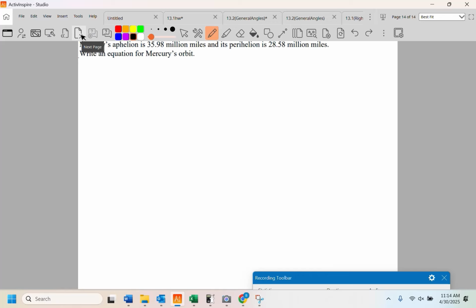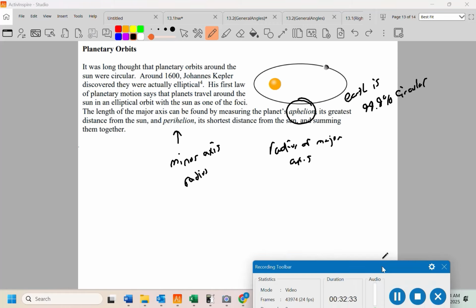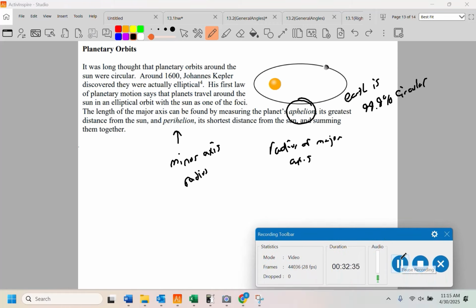Let me make sure I'm doing that right. I don't want to mess this up because I just had a thought. I'm glad I had that thought because I don't agree with what I just wrote.